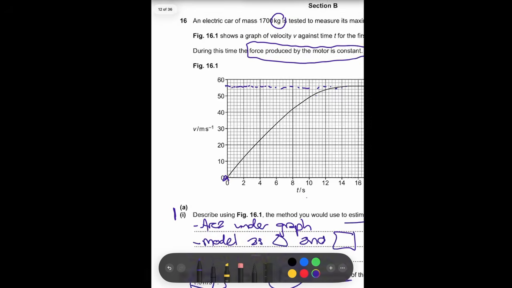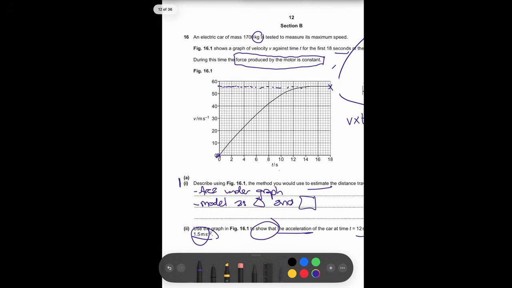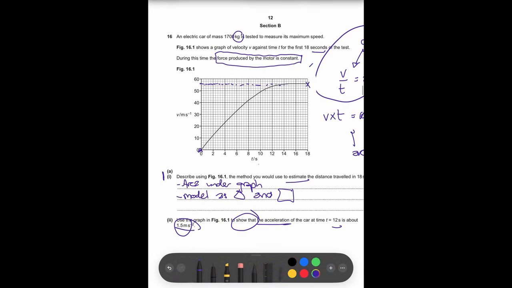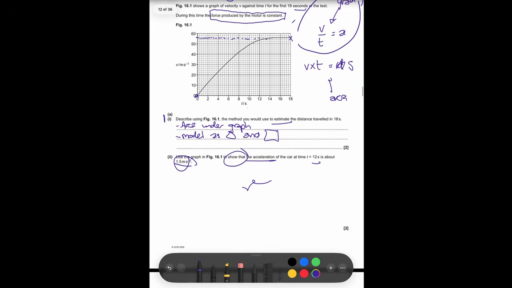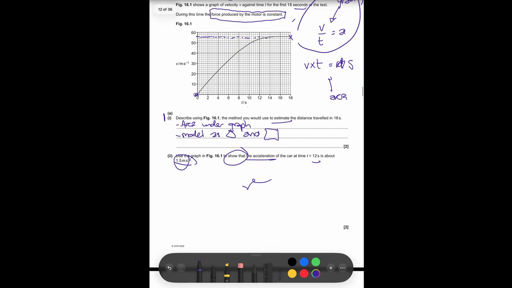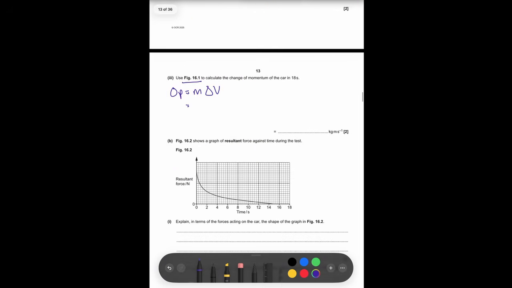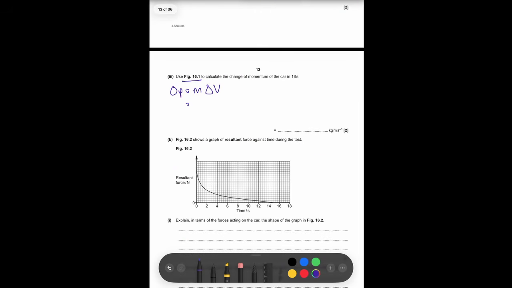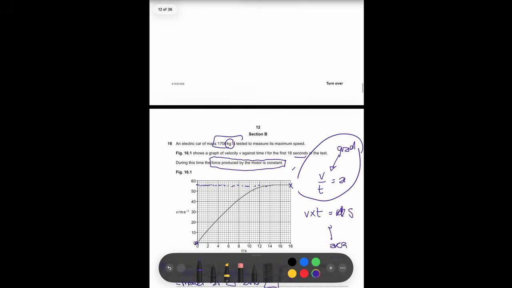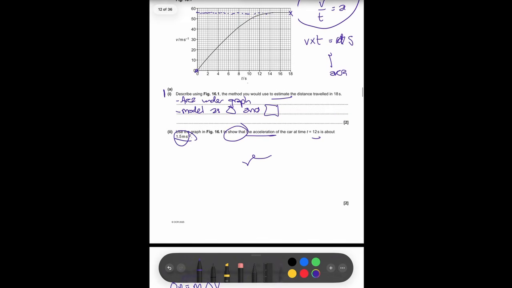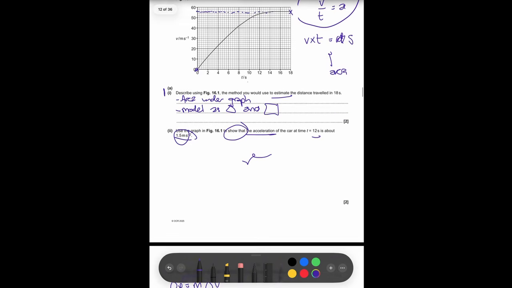Always draw on the graph to show the examiner you're taking readings from there. And we said that earlier with the triangle one as well. When you're calculating the gradient, you have to draw the triangle. When you're taking readings, like the one we're doing now, just draw on the graph to show that you're doing it. And mass, having been given the mass earlier in the question, it was already in kilograms. I've circled that. So if it wasn't in a car question, it's going to always be in the right units.